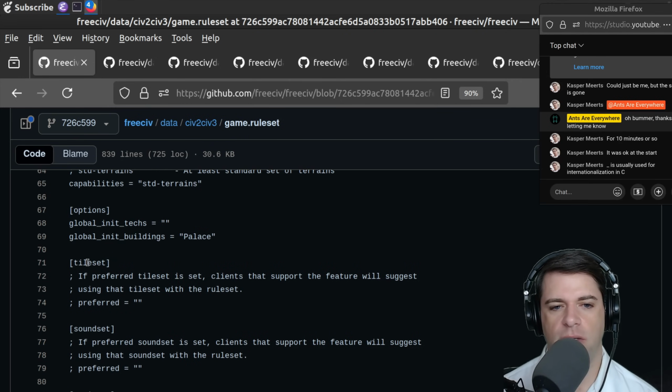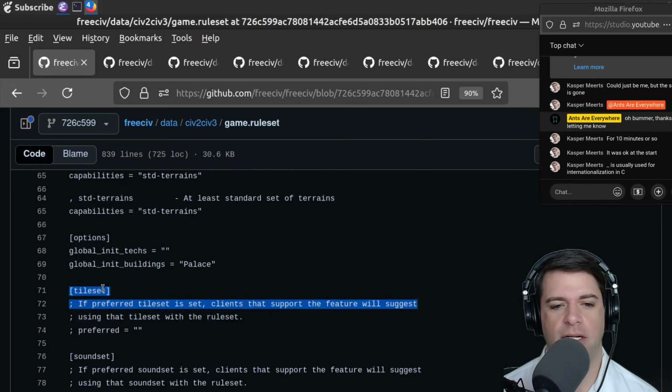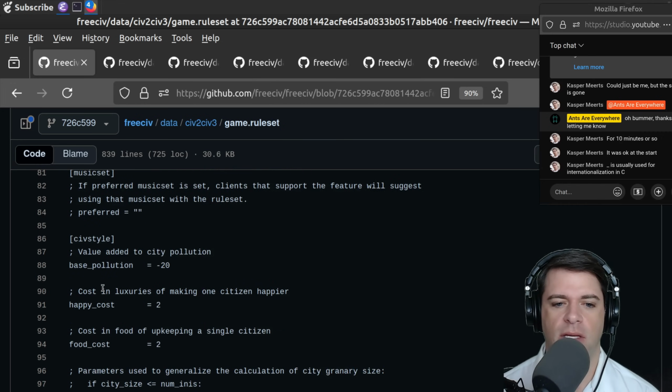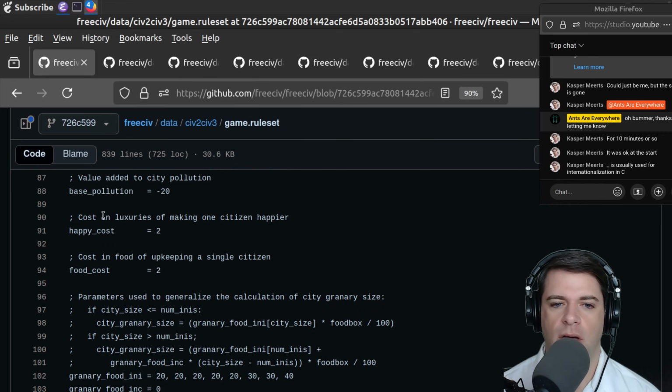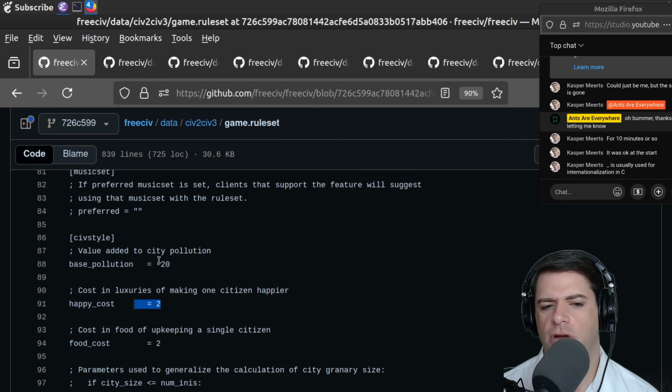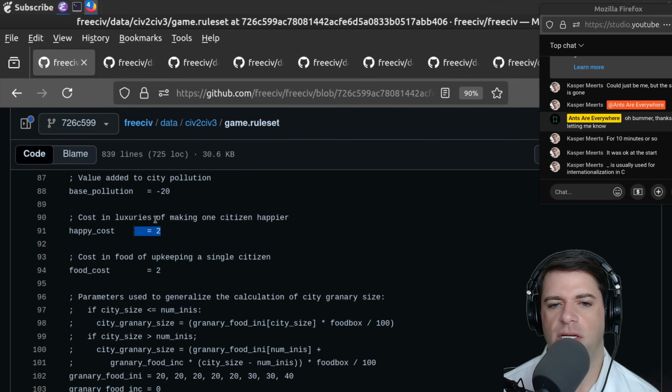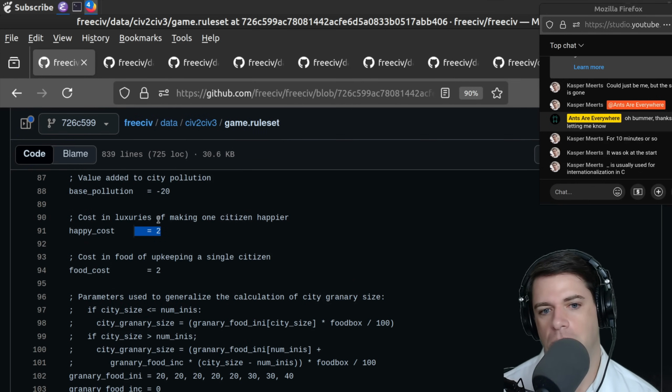So we have things like sound, tile set, sound set. These are like tiles, sounds, music, the style. Cost in luxuries of making one citizen happier. So there's a happy cost, which is equal to 2. So I guess for every 2 luxuries, 1 citizen gets happier. I think. Cost in food of upkeeping a single citizen.